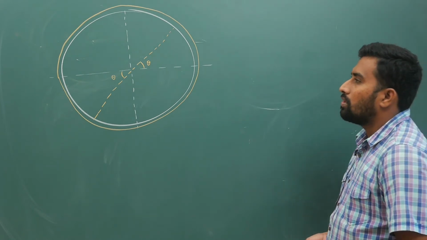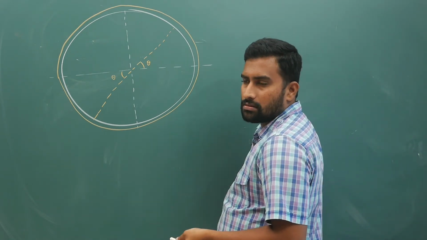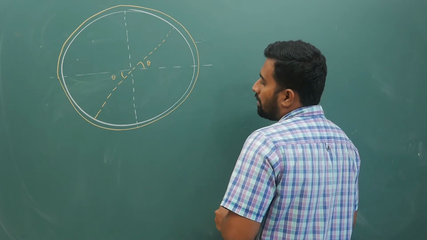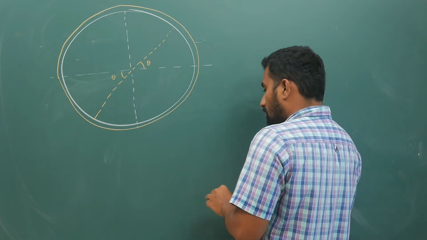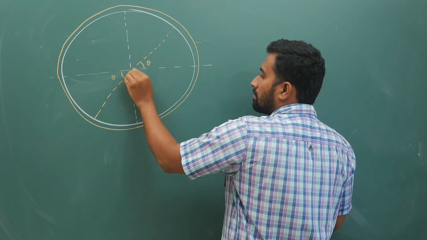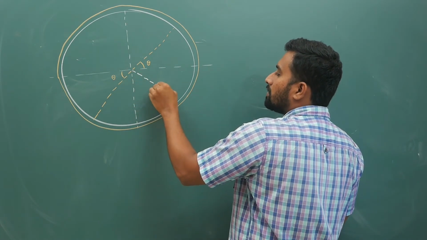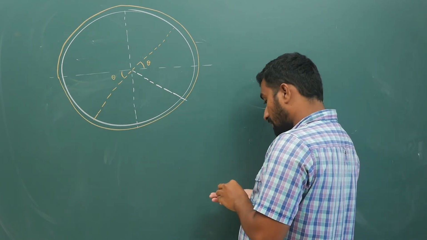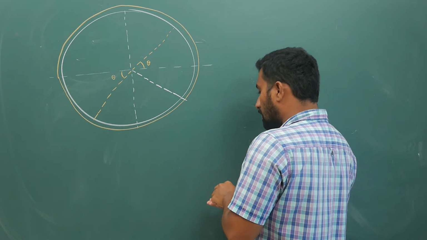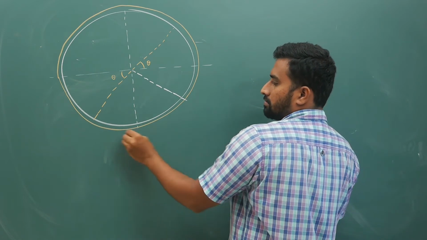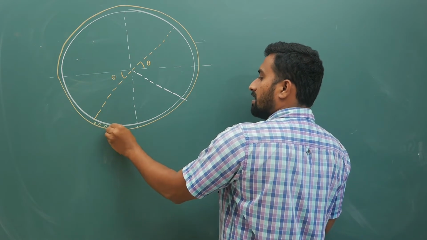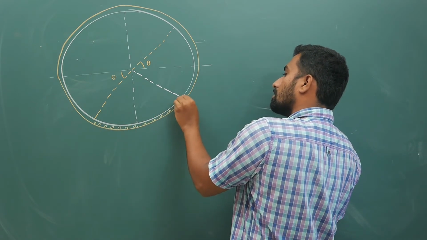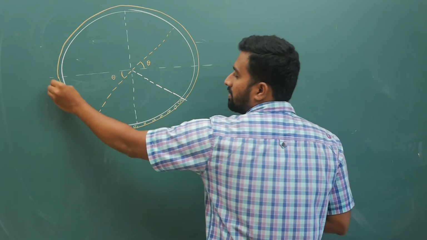So total length is 2 pi r, so this part is pi r by 2, so don't worry about that. Now your first liquid will cover a total angle of 90 degrees. Initially it was 90 degrees, right? Quarter circle it has covered from here to here.